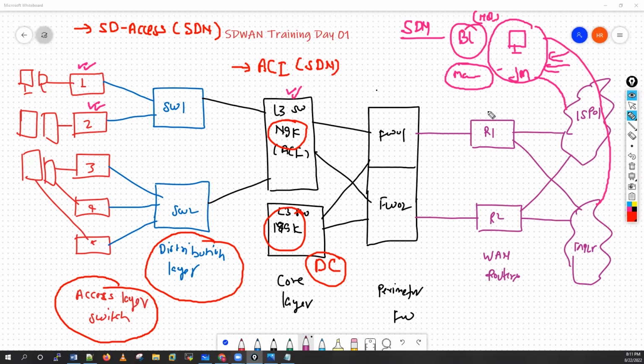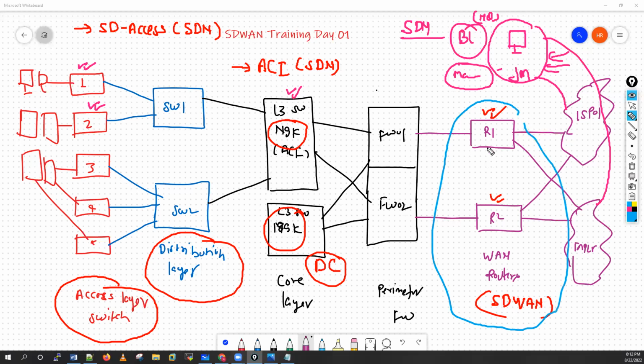And to manage these WAN routers, Cisco have come up with a solution which is known as SD-WAN, guys. So now what we are going to discuss over these 5 days, we will focus on these routers, how we can manage these routers, guys.